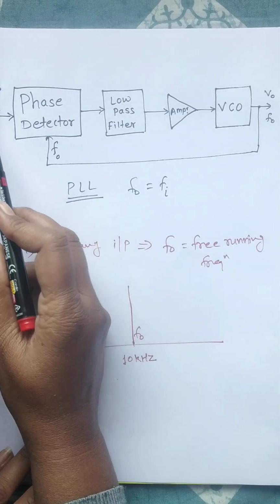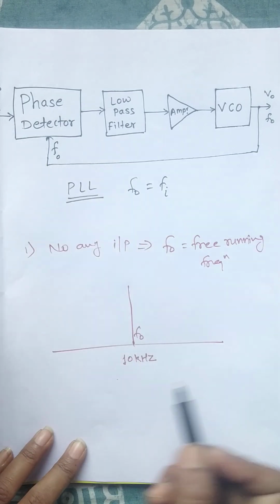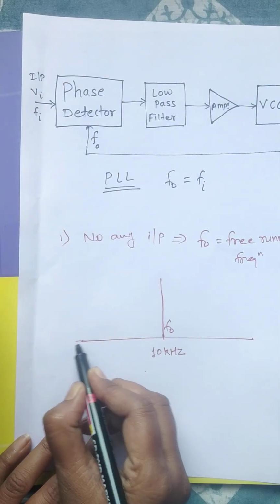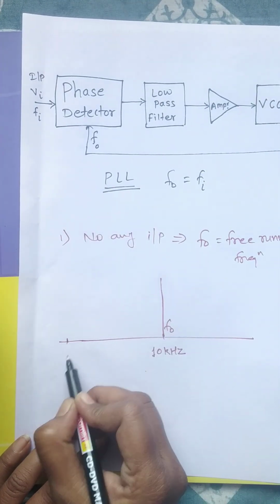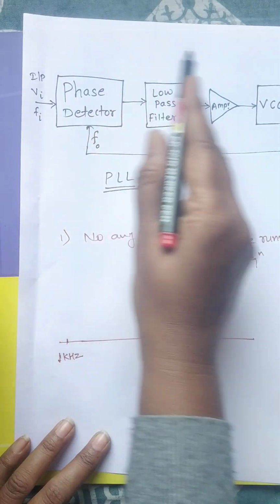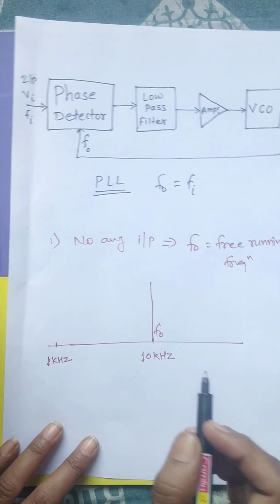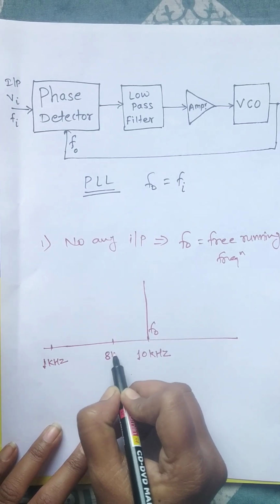Now if we are applying the input signal with frequency Fi, initially suppose it is 1 kilohertz. The system is set to capture, or to start tracking, the input signal, suppose at 8 kilohertz.